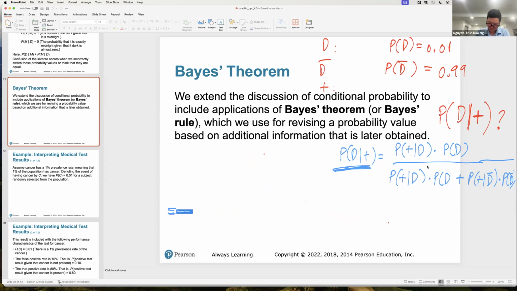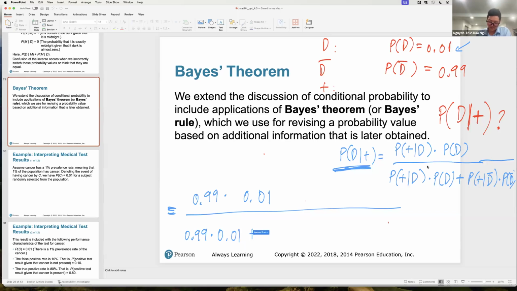Equals, so now the probability of the person having a positive result given that they have the disease is going to be 0.99, right? Times P(D), which is 0.01. We calculated it above, divided by the bottom. The probability of a positive result given the disease is 0.99 times P(D), 0.01, right?